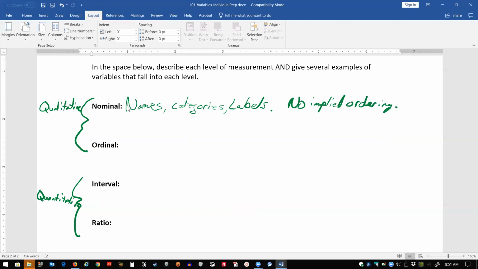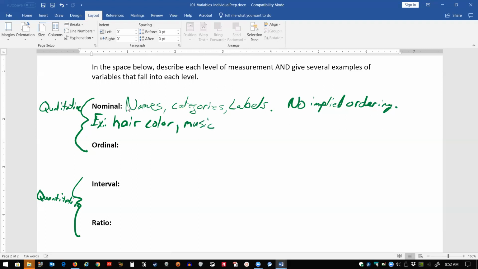There's no logical order. Some examples we talked about before: hair color is in there, just classifying all the hair colors. We have red, blue, well, I guess some people have blue hair, brown, black, right? So hair color is simply a category. Your favorite music is a category.